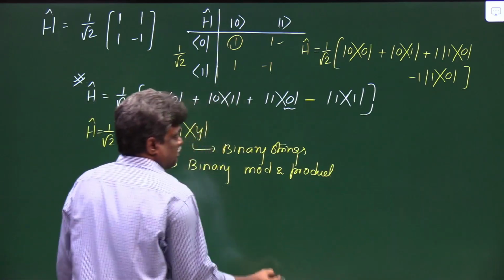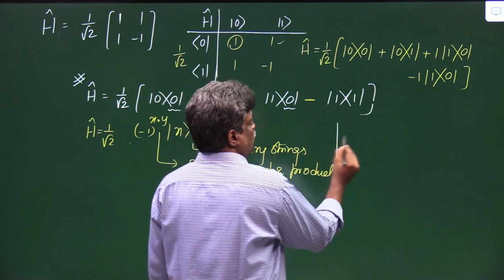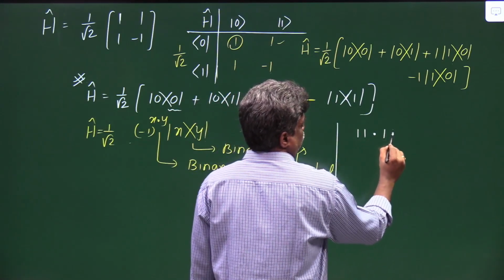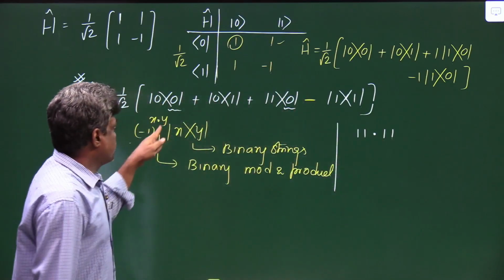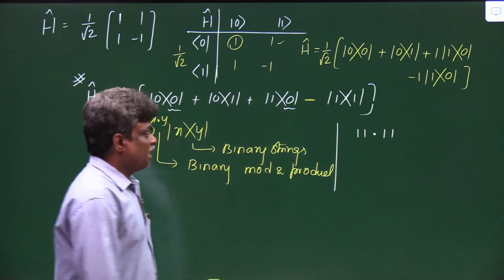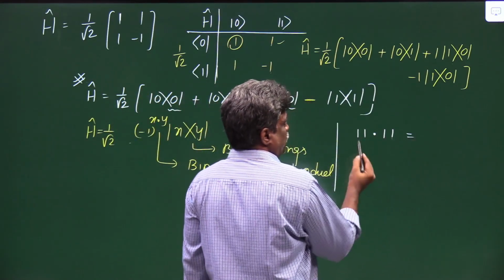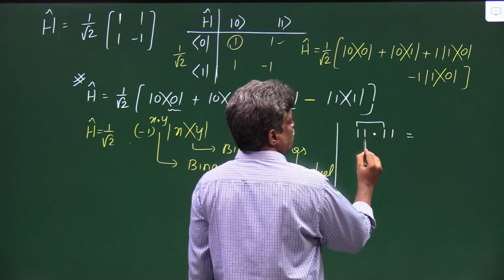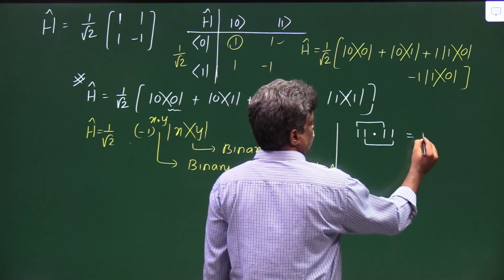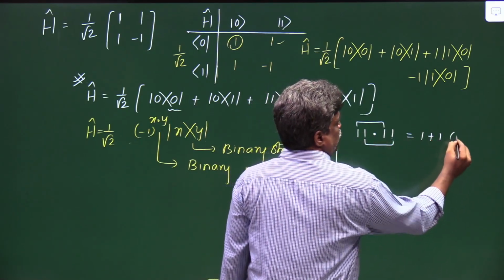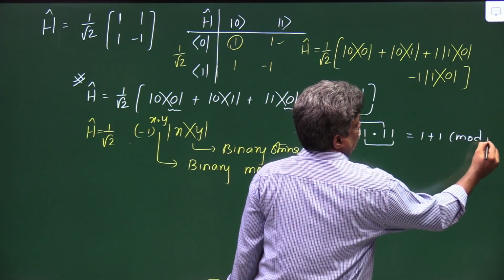For example, here we have 2 qubits, let us say 11, and I am making the dot product with 11. I told you already x and y are binary strings. Just like a dot product, first term into first term, second term into second term. So that is 1 into 1 plus second 1 into 1. But you have to take modulus 2.